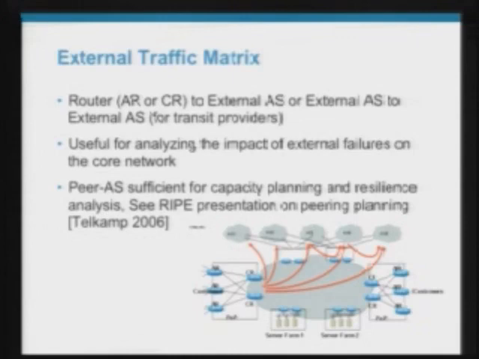That's not just from your routers to your routers, but from your routers to external ASs, and possibly from external ASs to other external ASs. At that point, you really need NetFlow, which Paolo will be talking about, and you've really increased the overhead and the amount of work and modeling you have to do one notch higher. That's worth keeping in mind.